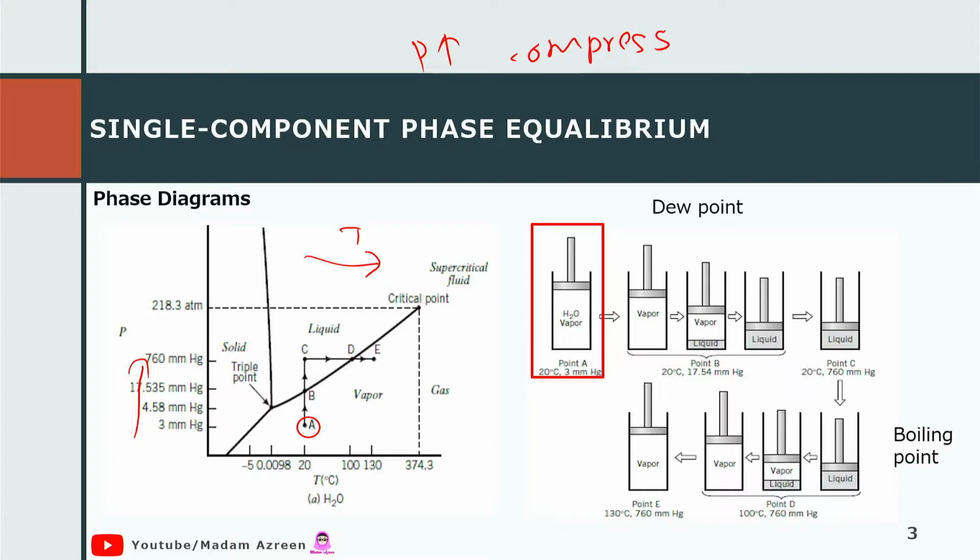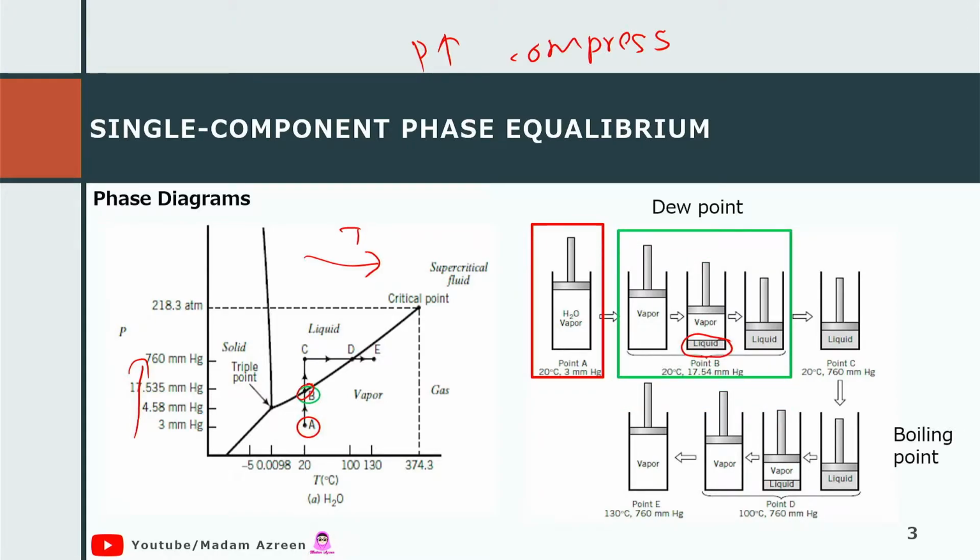We compress until point B, where the pressure is increased and the water vapor starts to condense and form a liquid.